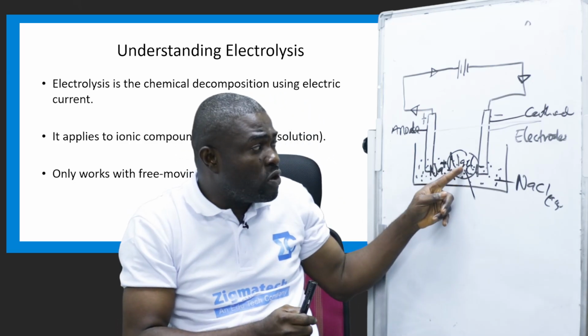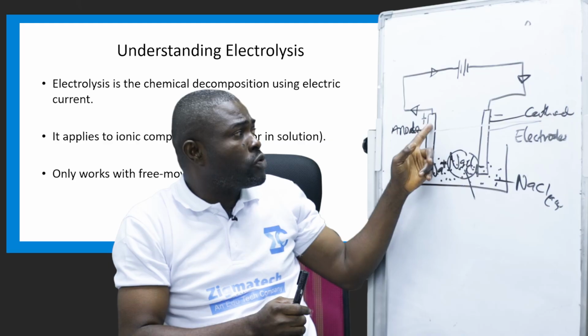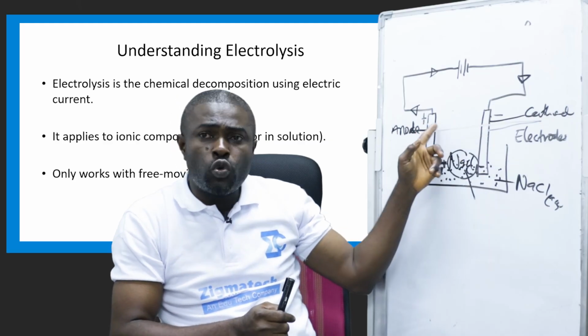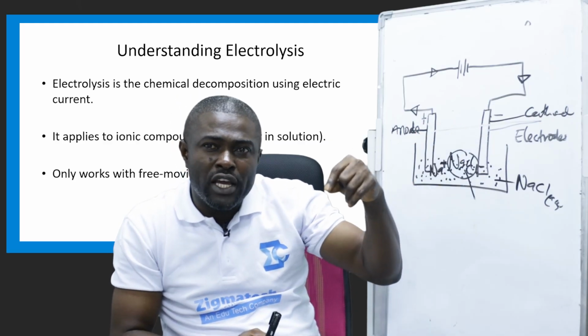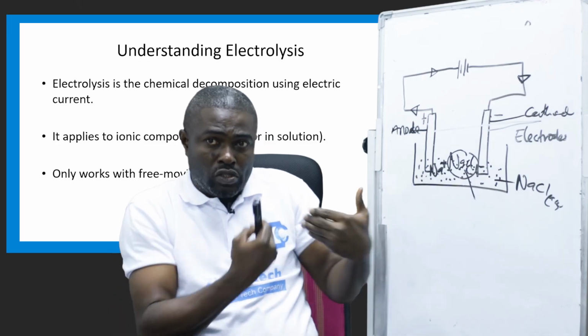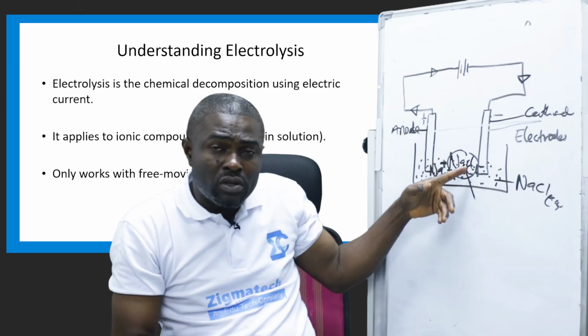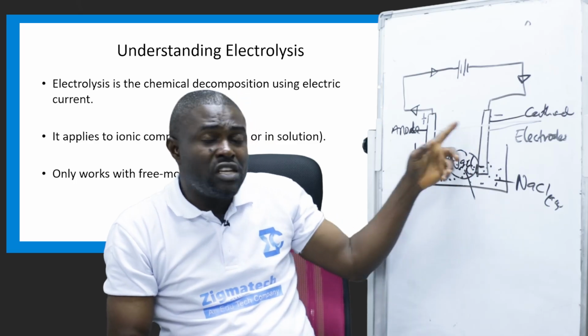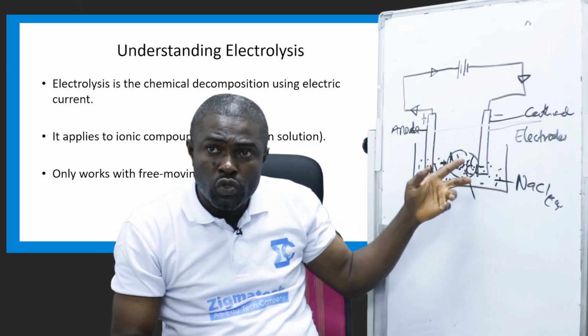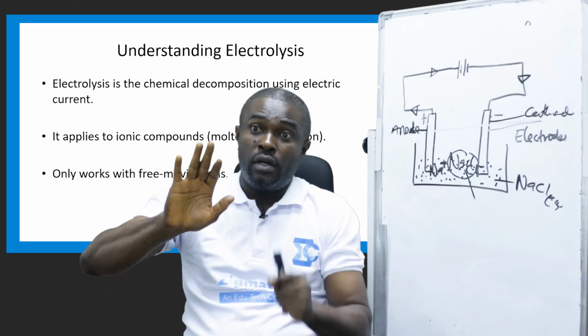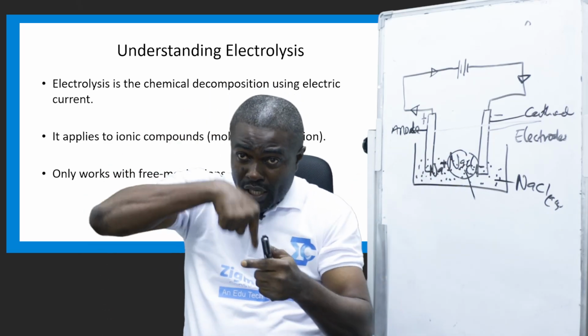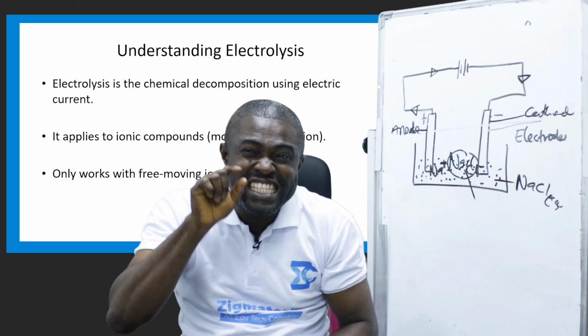So the positive ions now start looking at these two rods. Which one is negative? That is where it will go, as in opposite, to neutralize. While the negative ions here will look for the positive electrode where it will go. Understood? Positive ions move to the negative electrode.